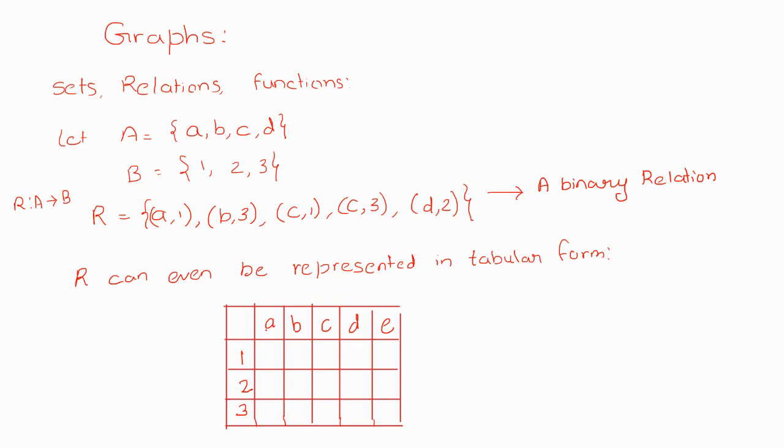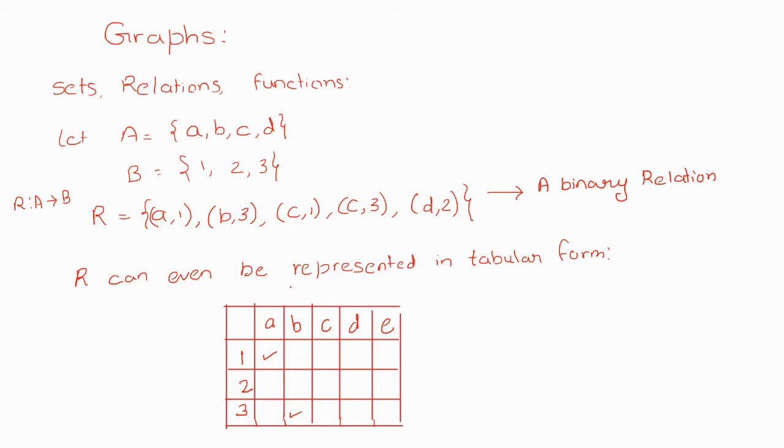That is totally fine. Now, this R can even be represented in a tabular form. If we make the columns A, B, C, D, and on the other side the rows 1, 2, 3, then we can denote (a, 1) by marking this element which has been contained. Then (b, 3): the intersecting square of column b and row 3 is this, therefore it is (b, 3).